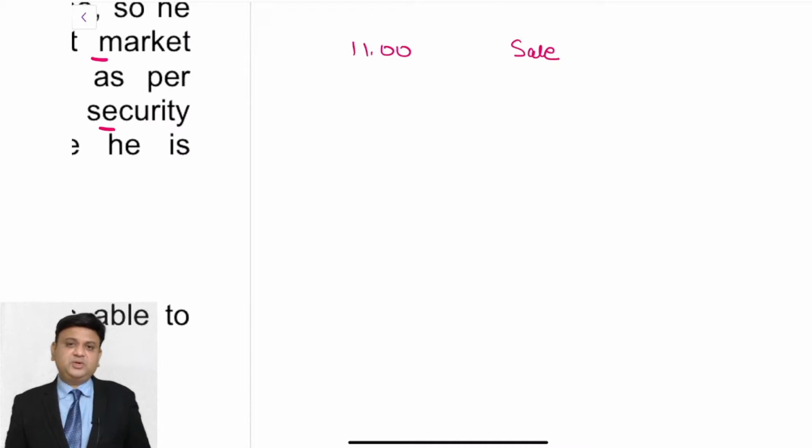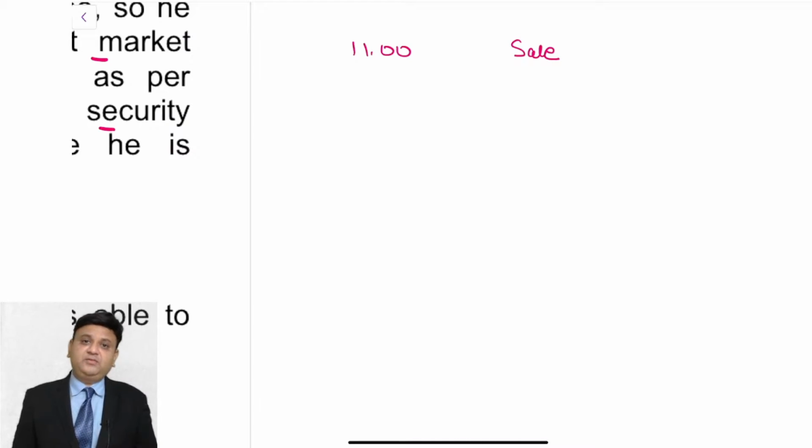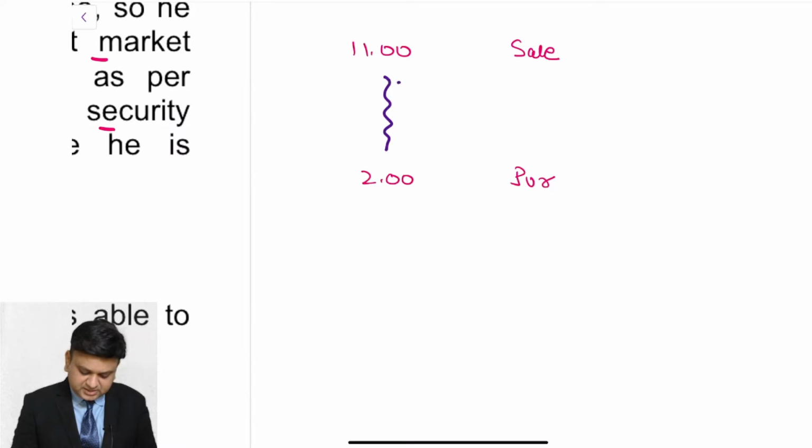It has been provided to us that you do not have the security and you have entered into the transaction for sale, because at that point of time you don't have to give the delivery of the security, you just have to book the transaction based on a certain amount of margin which you already have with the broker. At 2 o'clock you have squared off your contract. It means that you entered into the transaction to buy. During this time period, it is considered technically that you are having a short position on the cash market.